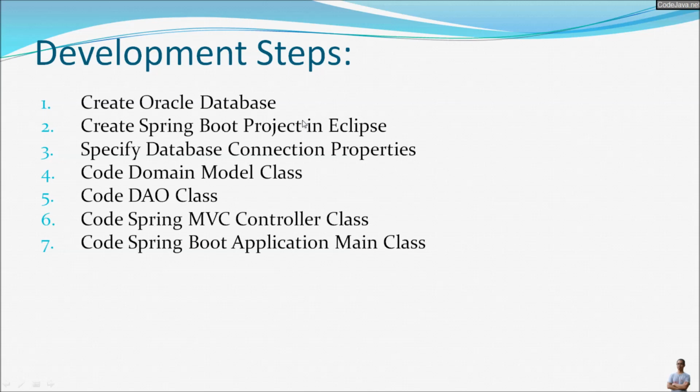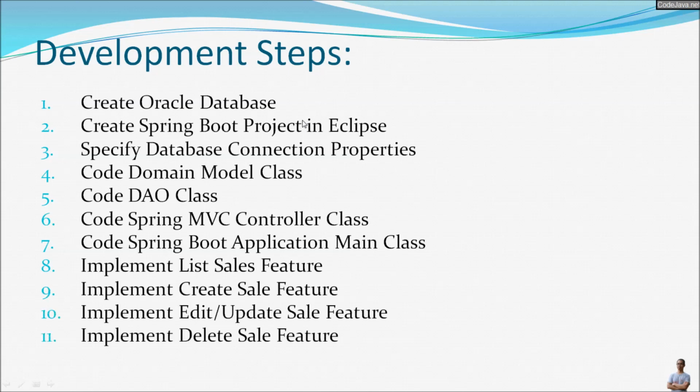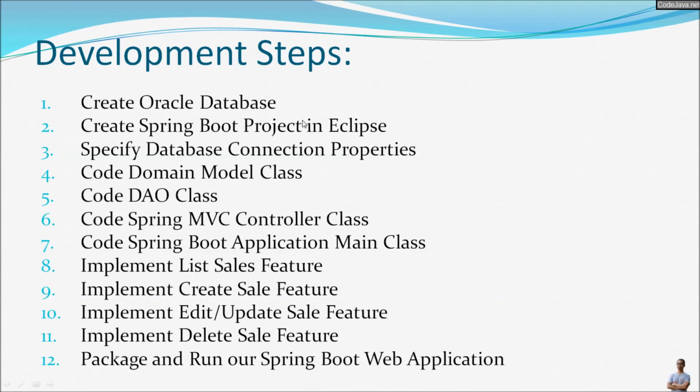Then we code the Spring Boot application main class, and then we implement the features of the web application: CRUD operations, list sales, create sale, edit, update sale, delete sale, and finally we will learn how to package and run our Spring Boot web application.